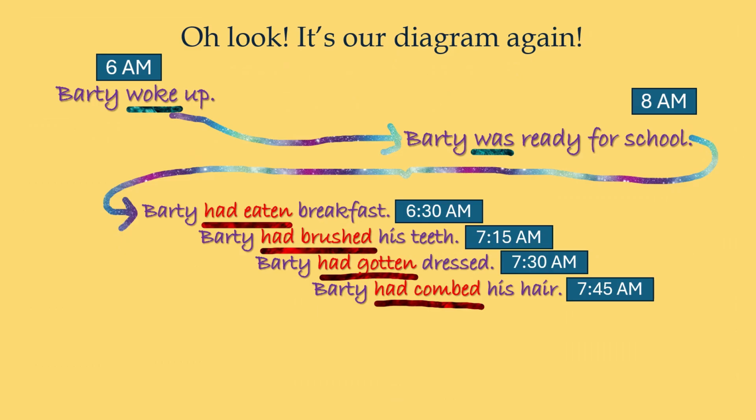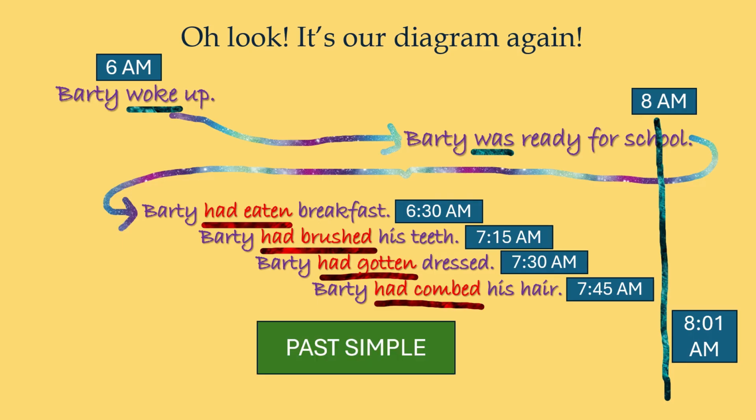Oh, look, it's our diagram again. And there is 8:01 a.m. and it is after 8 a.m. So our sentence is in the past simple. So here it is.